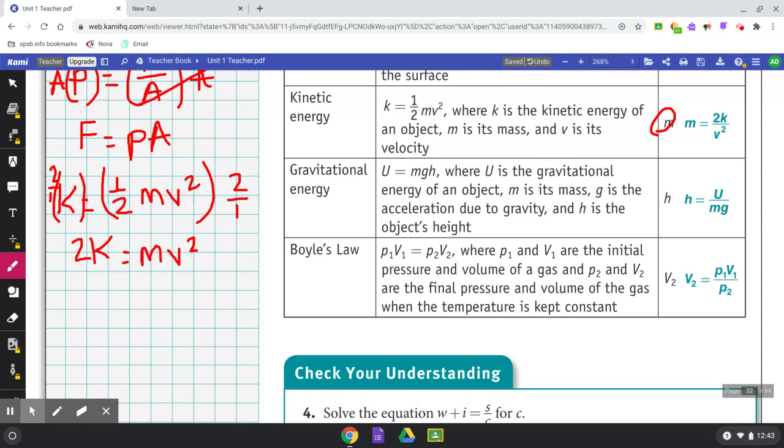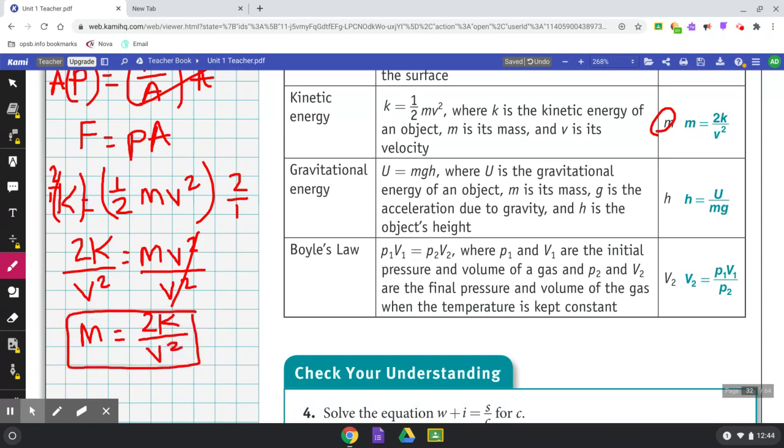In order to isolate m, I'm going to divide both sides by v squared. When I do that, my v squared cancels on the right, and I'm left with m equals 2K divided by v squared.